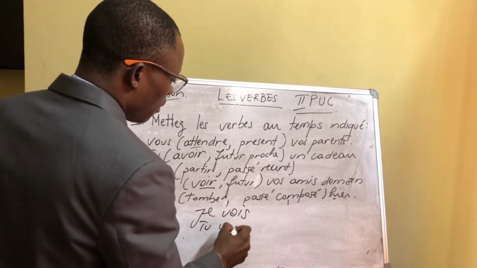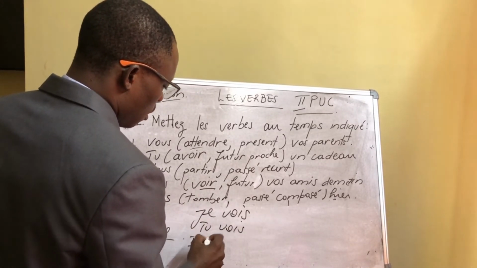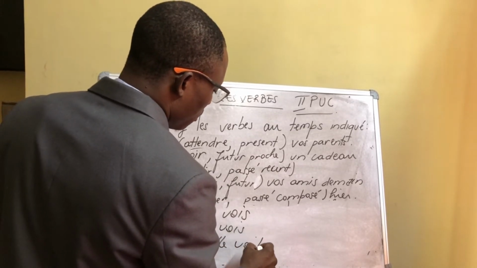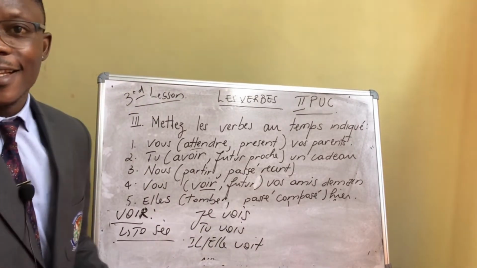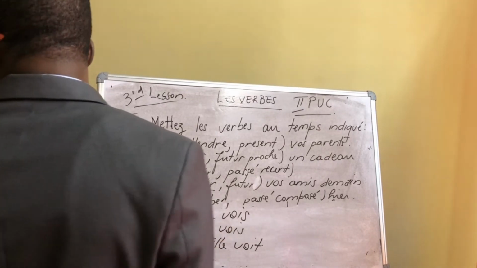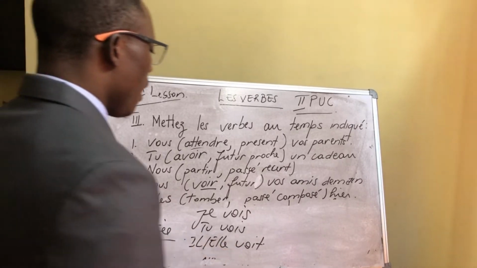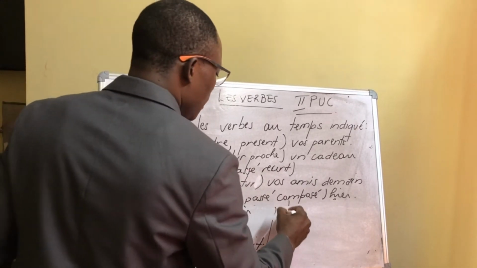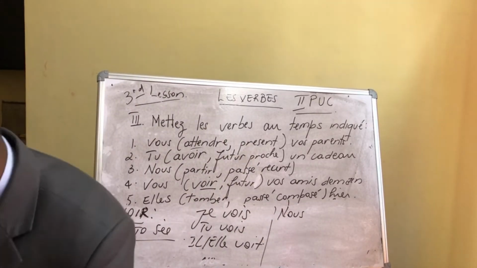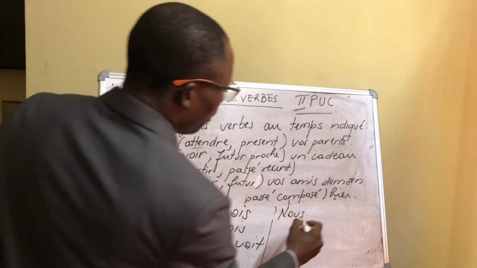Tu vois. Il or elle voit. But here we need to add T. Present tense of voir: je vois, tu vois, il voit, elle voit. Then next, nous, let me get my textbook. Okay, nous voyons.